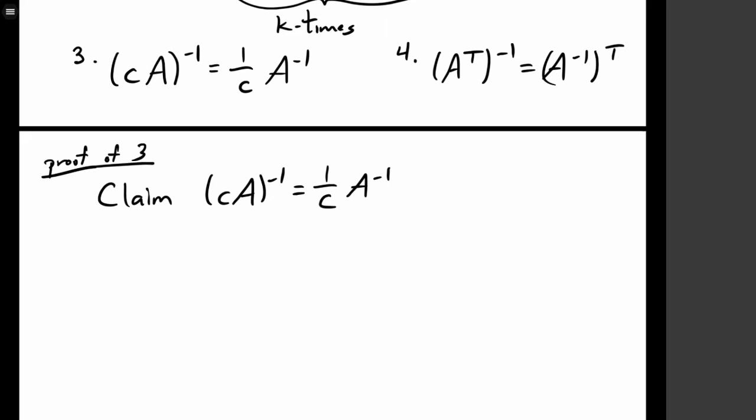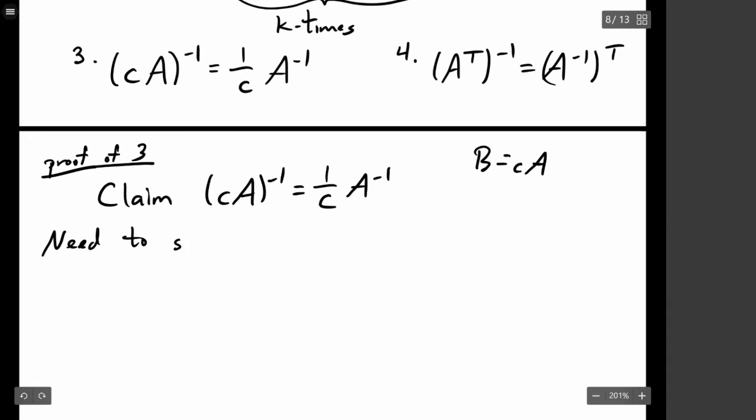So let's say we make B equal to C times A, just for some shorthand. We need to show that B times B inverse is the identity, and B inverse times B is the identity.